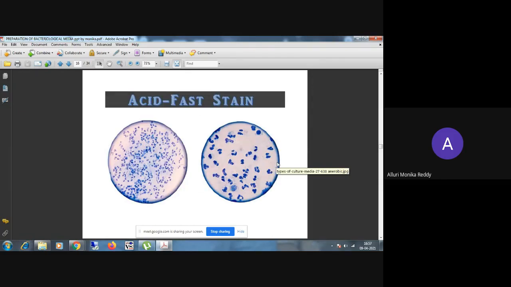Acid fast staining is a technique applied to mycobacterium species. They are difficult to stain by ordinary methods, so for them the acid fast staining technique is employed.